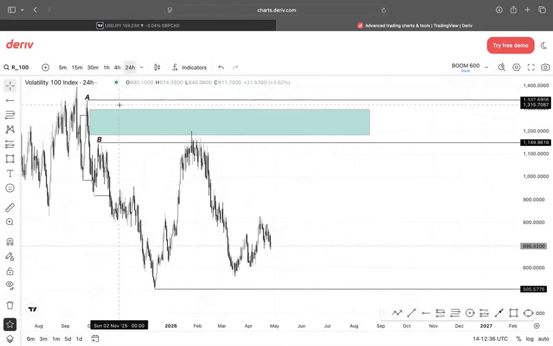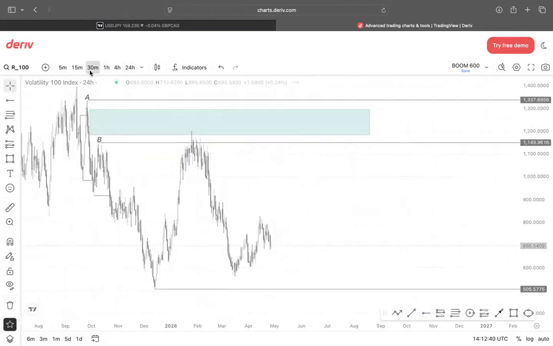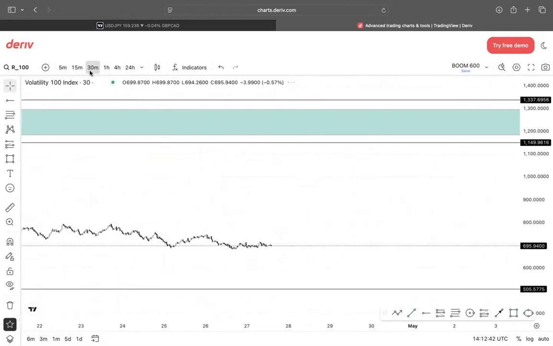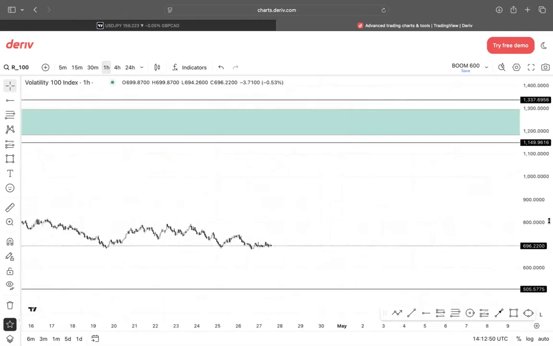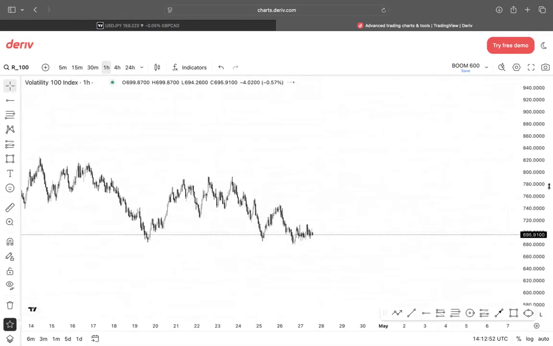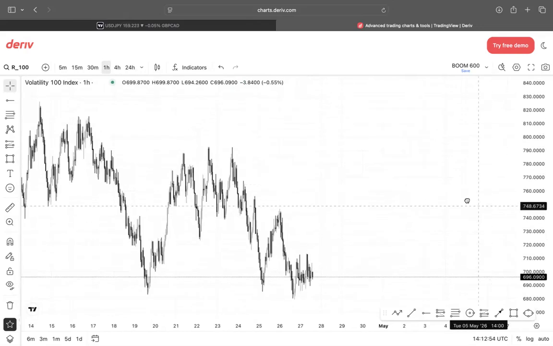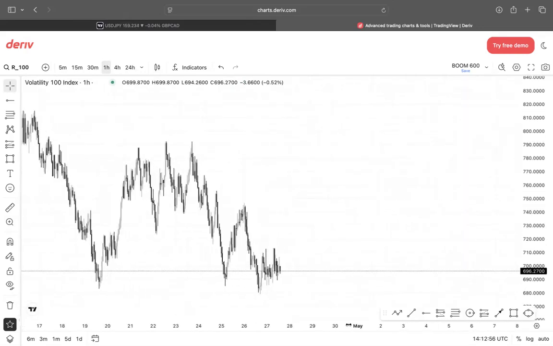And from what I explained earlier, we have to go to the 1 hour time frame, 30 minutes time frame, or the 15 minutes time frame to look for our POI. Let's do the 1 hour. On the 1 hour time frame, I have a setup that I'm looking out for.